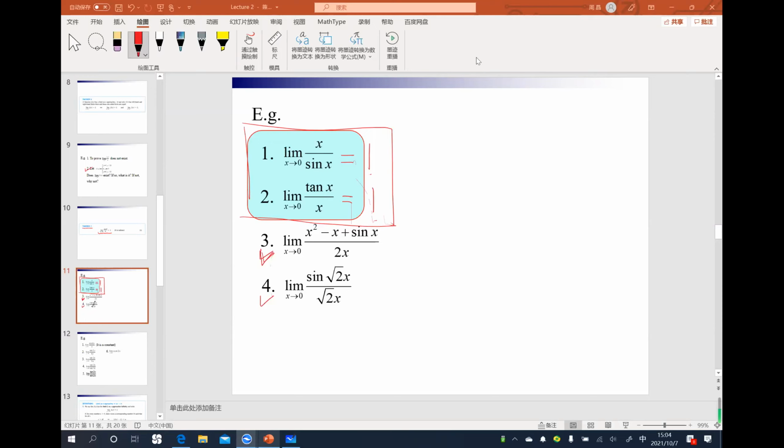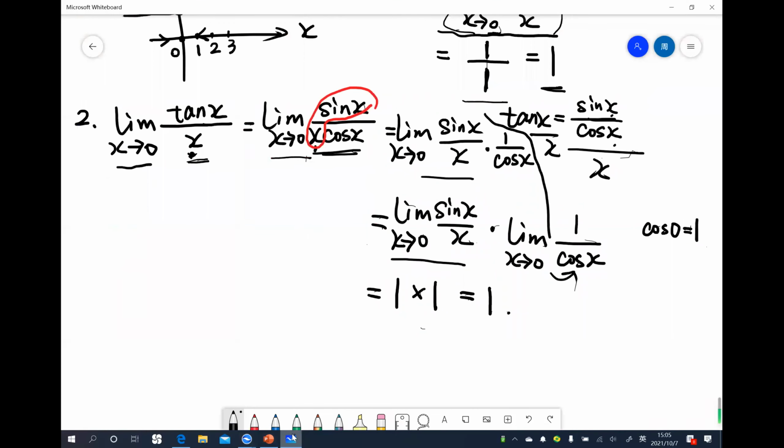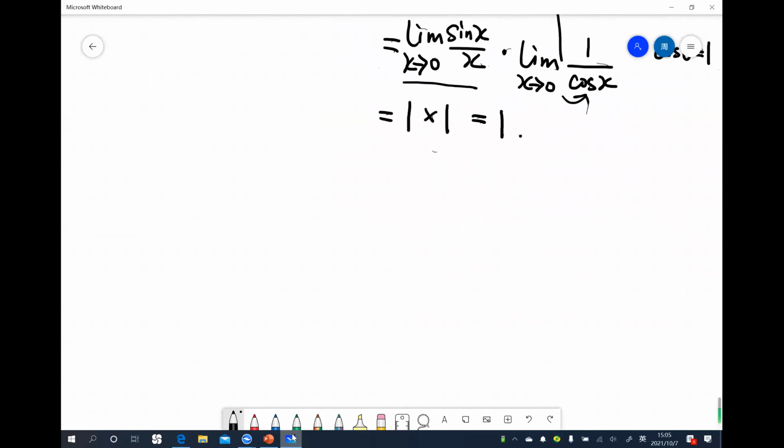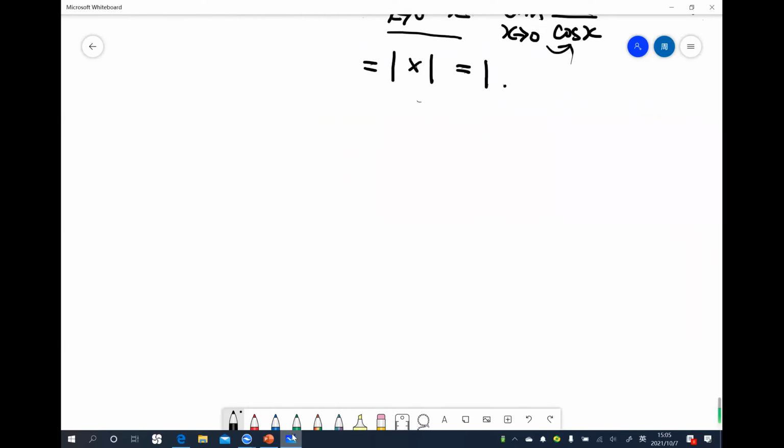Okay, guys, you did better than I thought. So here I will give you the solution for question number 3. The result, the limit is 0.